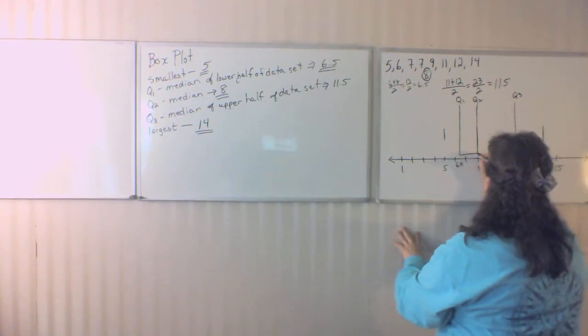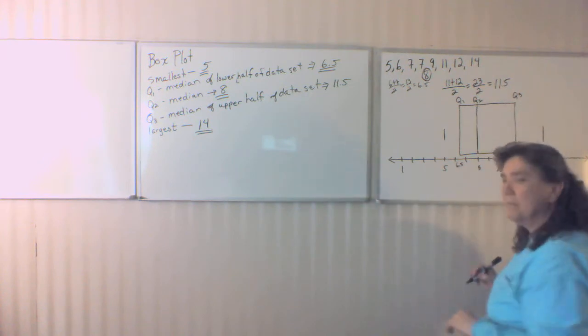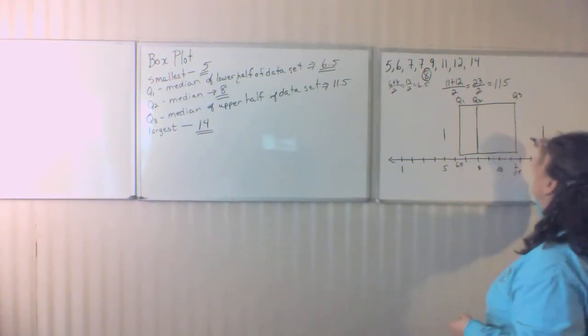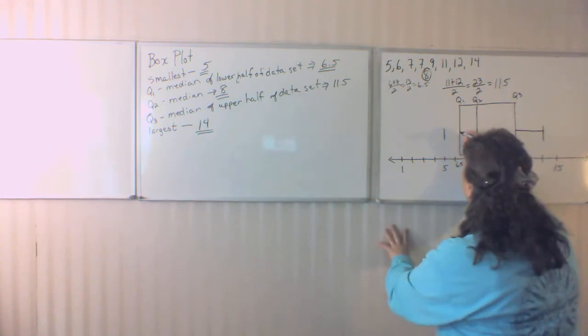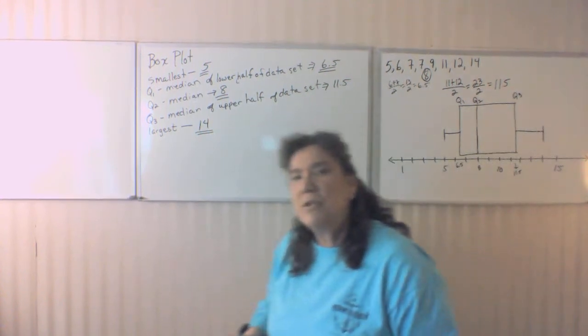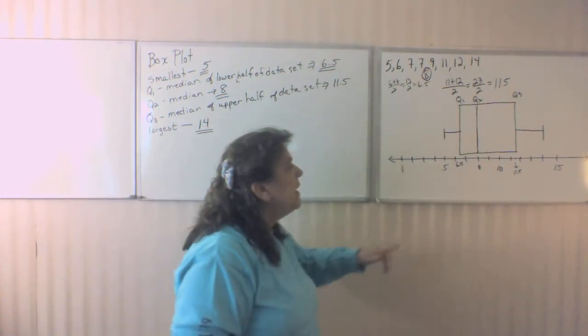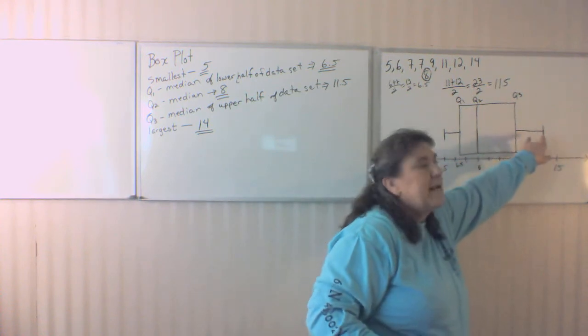Now we connect the box at the bottom and the top. And that gives you the box plot, and then the whisker on the upper end and the whisker on the lower end. This also builds quartiles because it divides your data into 4 segments.